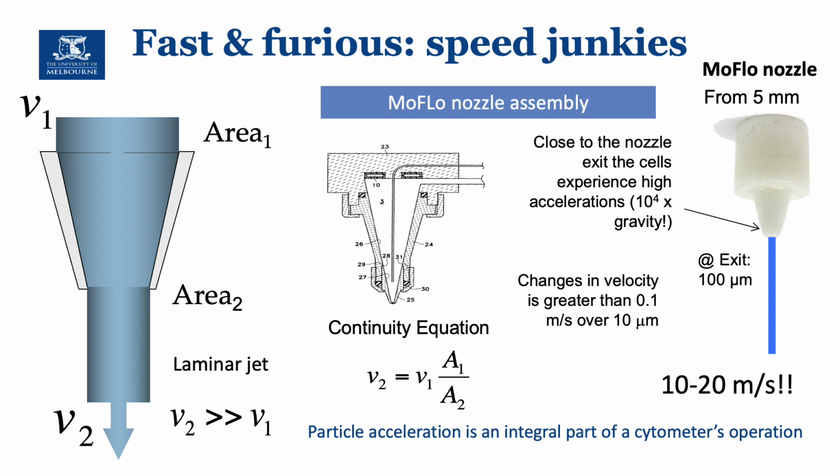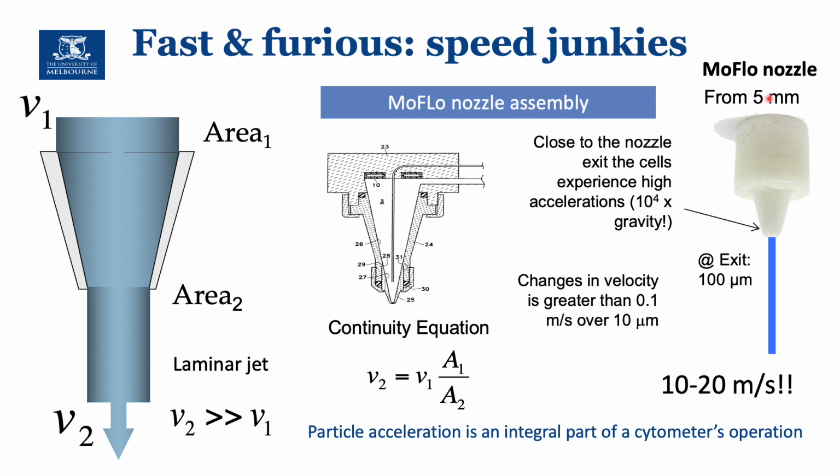Now, one of the things that happen in the flow chamber, which is important, is that the fluids accelerate. The way they accelerate is via the use of a jet. Essentially, it's a pipe that decreases the cross-sectional area quite substantially. For instance, in the case of the MoFlo XDP and Astrios, you get a nozzle that typically will have 5 millimeters at the entry point and something between a 100 micron or 70 micron output orifice.